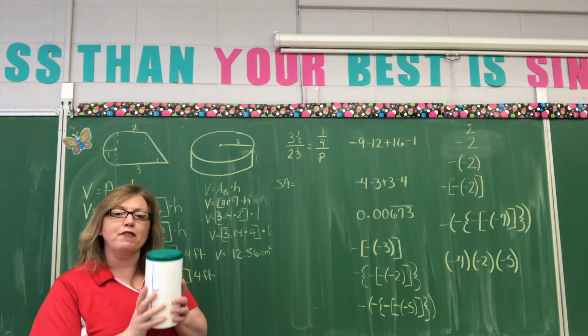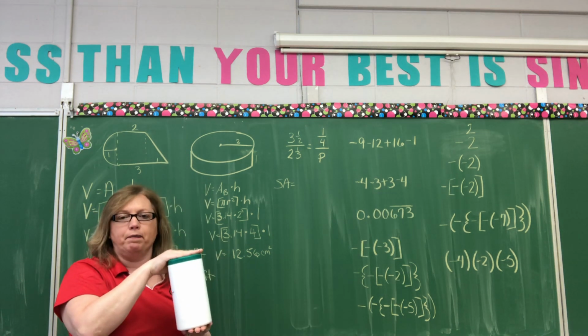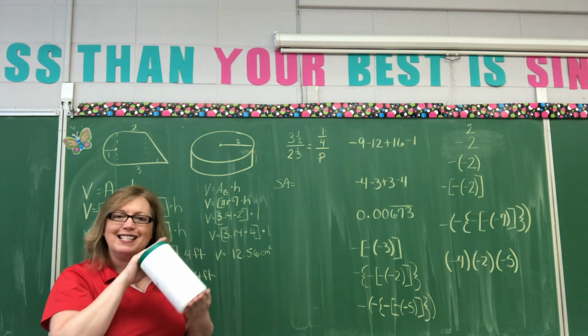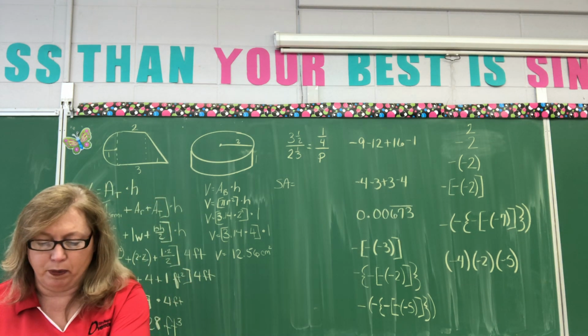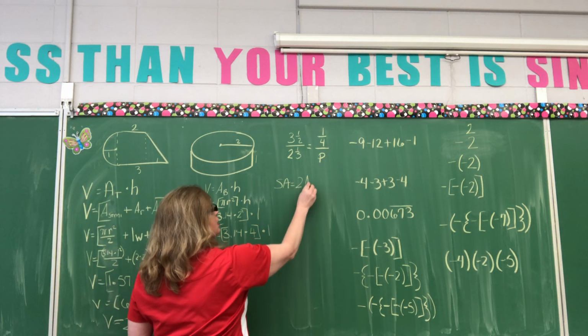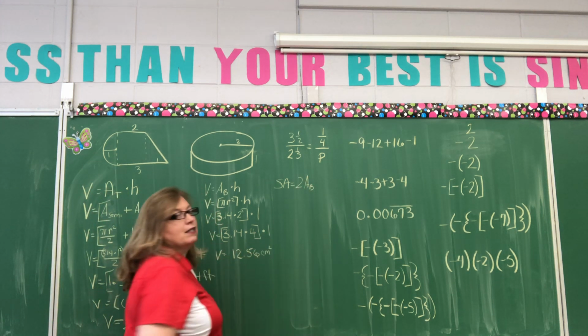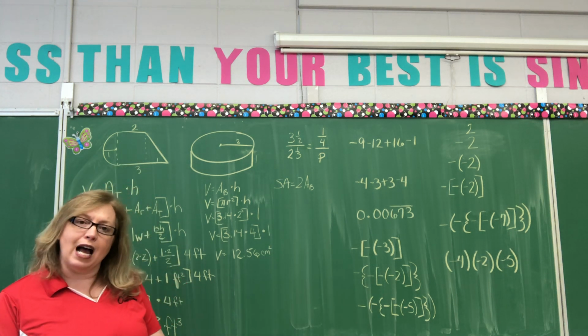And if I was going to cover this, I would need to find the area of the top and the area of the bottom. Now, those two areas are going to be exactly the same, okay? Because in essence, I have a tube, okay? So what I'm going to say is 2 times the area of the base, okay? Because the top and the bottom are the same size, okay?